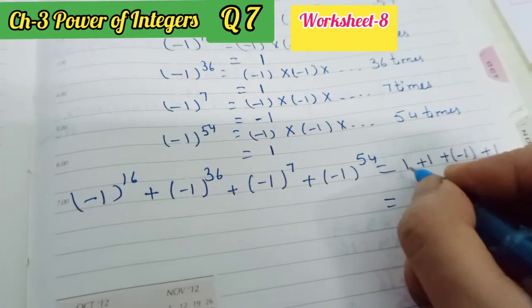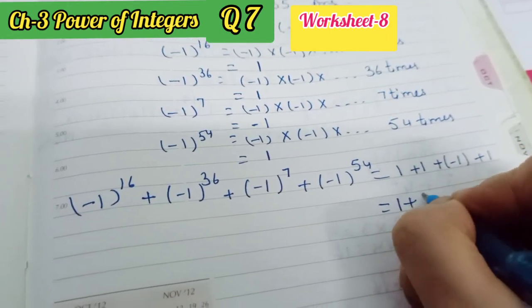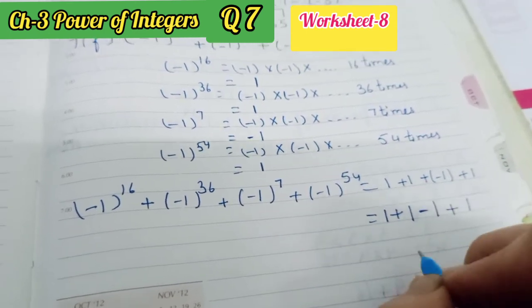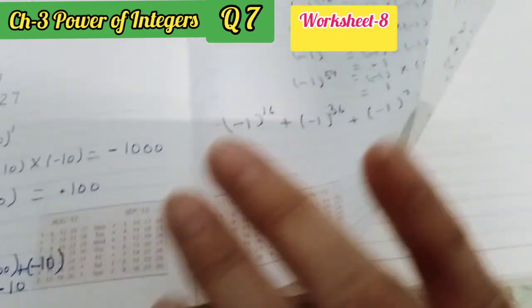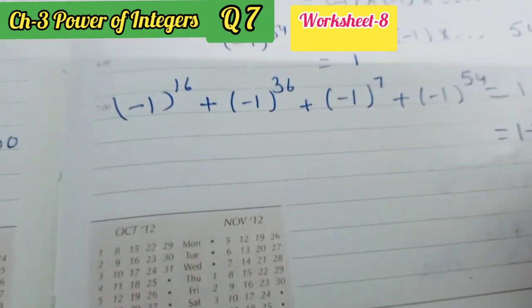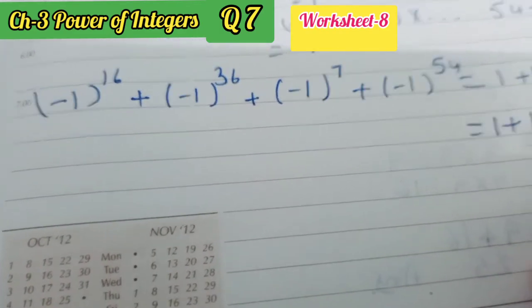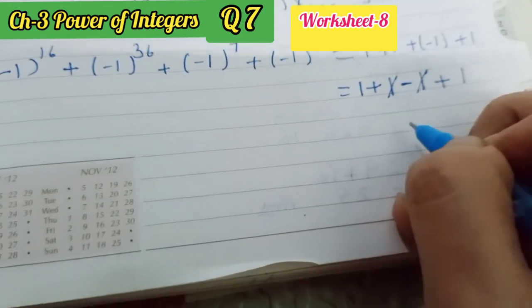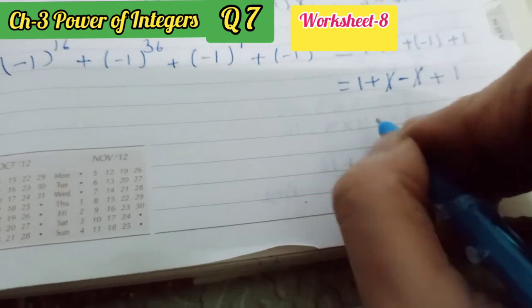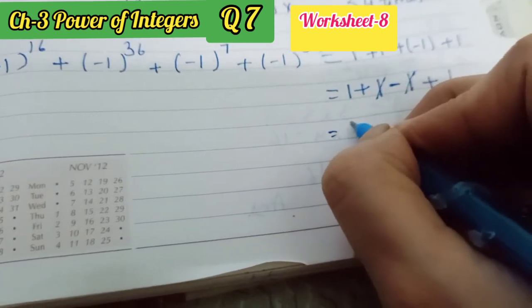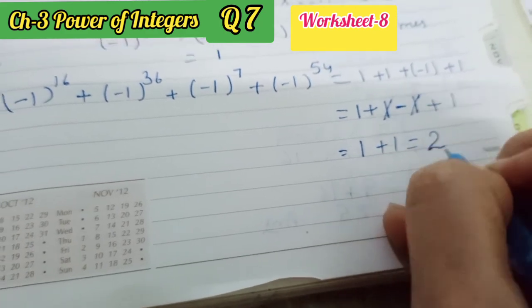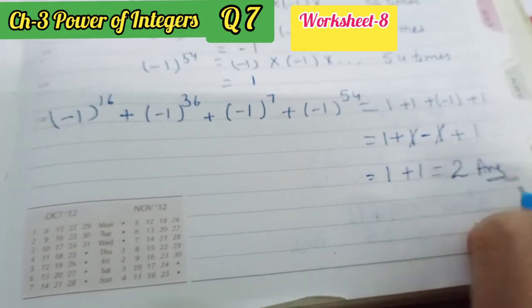Now 1 plus 1 plus minus will become minus plus 1. Now here this minus and plus will cancel, because 1 minus 1 gets 0. Here we get 1 and plus 1. 1 and plus 1 is 2, and that will be the answer.